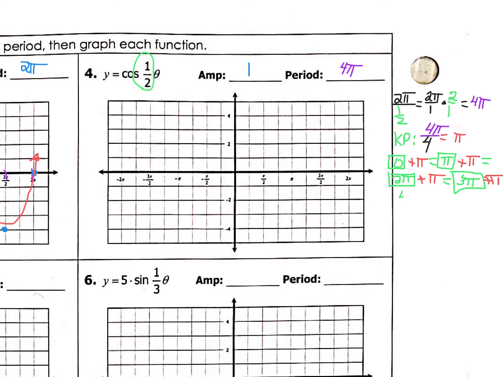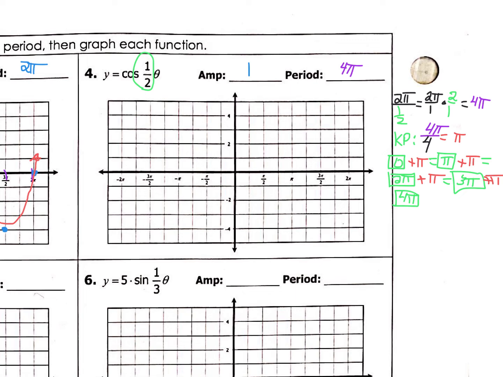And we finally get 4 pi. You always want to do your 5 key points, even if they're not going to fit on the graph, because you want to make sure that your period of 4 pi in this case, that these key points represent that distance. So to go from 0 to the largest key point is a distance of 4 pi. From 0 to 4 pi, distance of 4 pi. So we always have 5 key points even though we divide by 4.